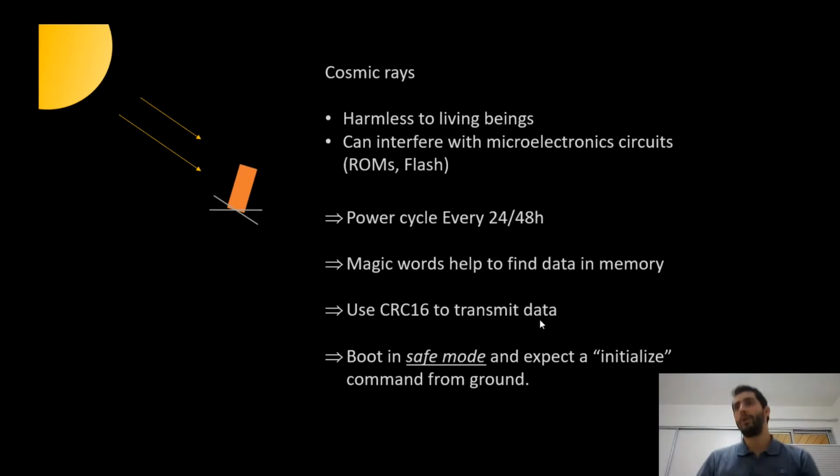I don't know if you're aware of it, but in your computer, for example, the bootloader, the software that comes before the operating system, has a magic word on your hard drive that will locate the start of the bootloader. And that's very interesting because when you do a memory dump and you collect data from the satellite's memory, you want it to be easy to locate your data. So visually you can actually locate where that data is. So that's very helpful.